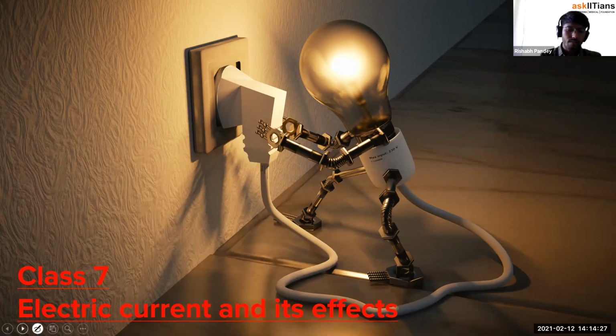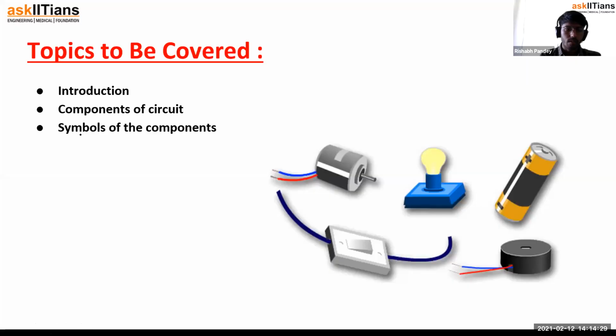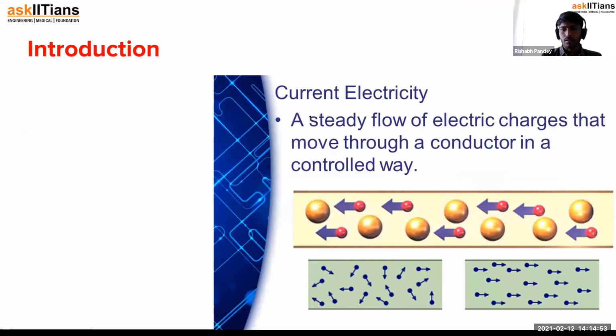The topics to be covered: the introduction of the flow of currents, that is, how the currents flow in a circuit. What are the components of the circuits? Battery, switch, bulb, all these components of the circuits, and the symbols of those components. I will be talking about these basic points in this lecture, starting with current electricity.